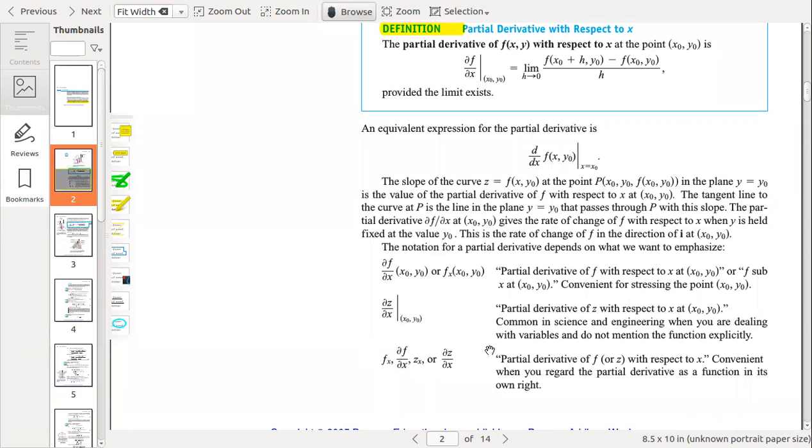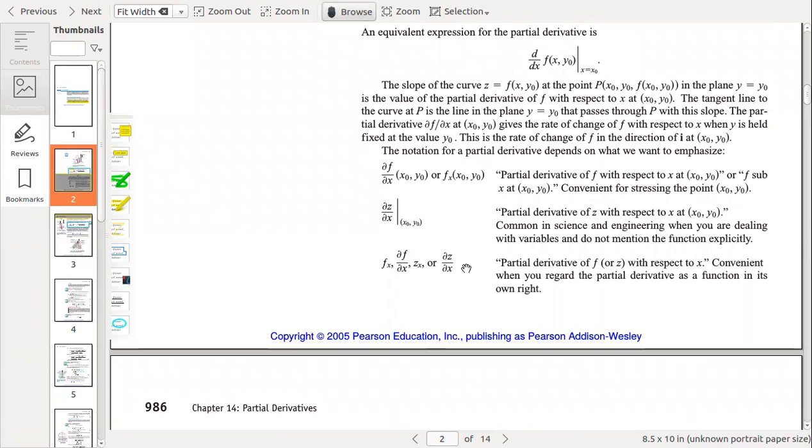And we can also sometimes use partial z over partial x. It means the partial derivative of z with respect to x at x naught, y naught. This is common in science and engineering when you are dealing with variables and don't mention the function explicitly.